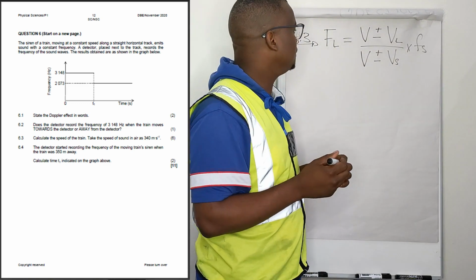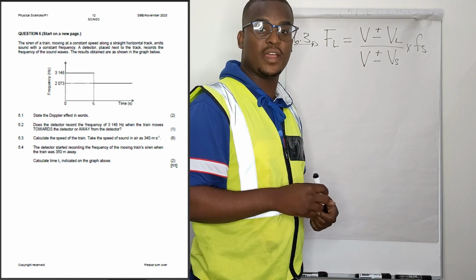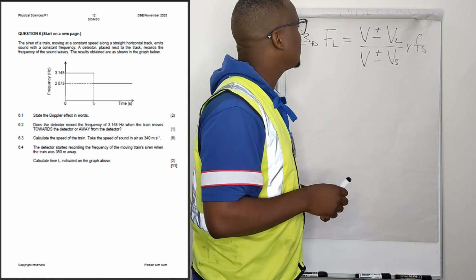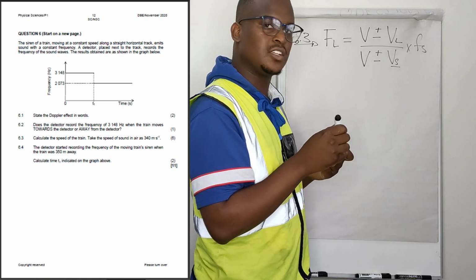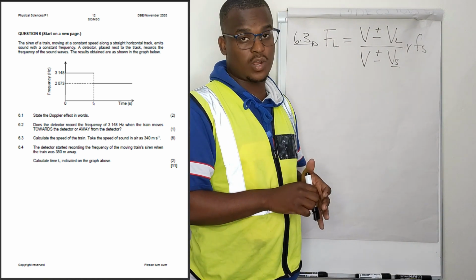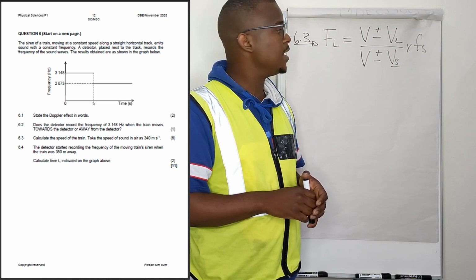This is our Doppler effect formula. Now they want us to find the velocity of the source. This is what we are asked to calculate, right?